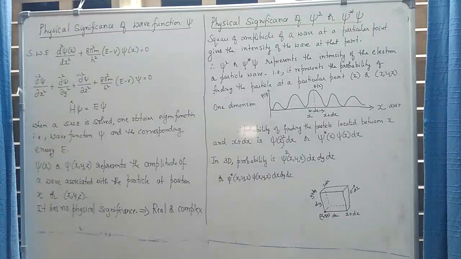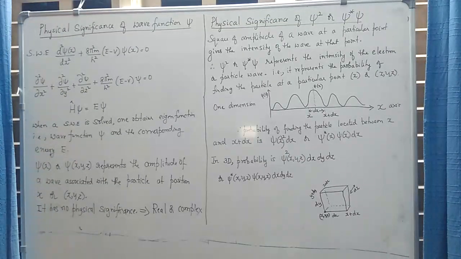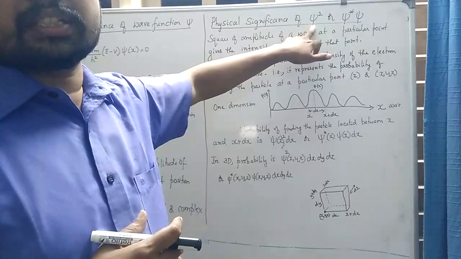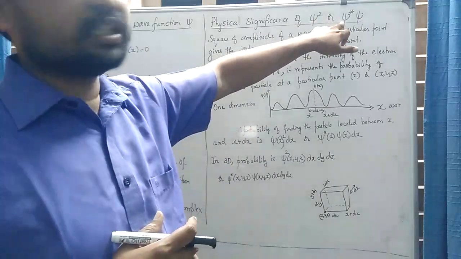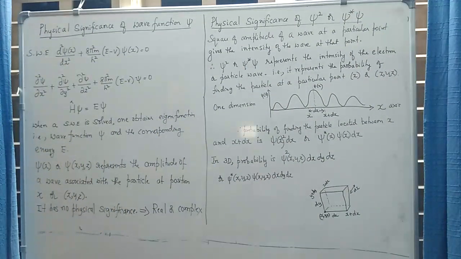So we just change the sign of the imaginary part of the complex function. We calculate psi square if the function is a real function, and we calculate psi star into psi if the wave function or the eigen function is a complex function.